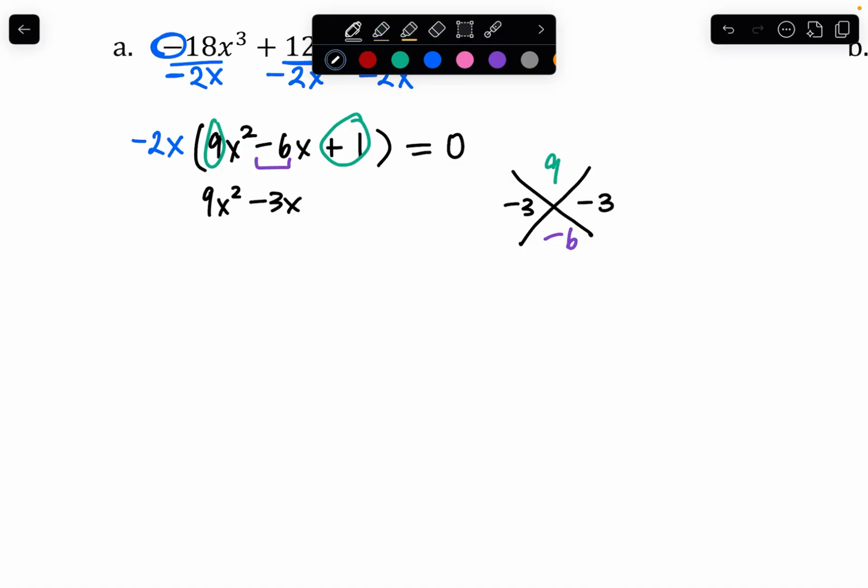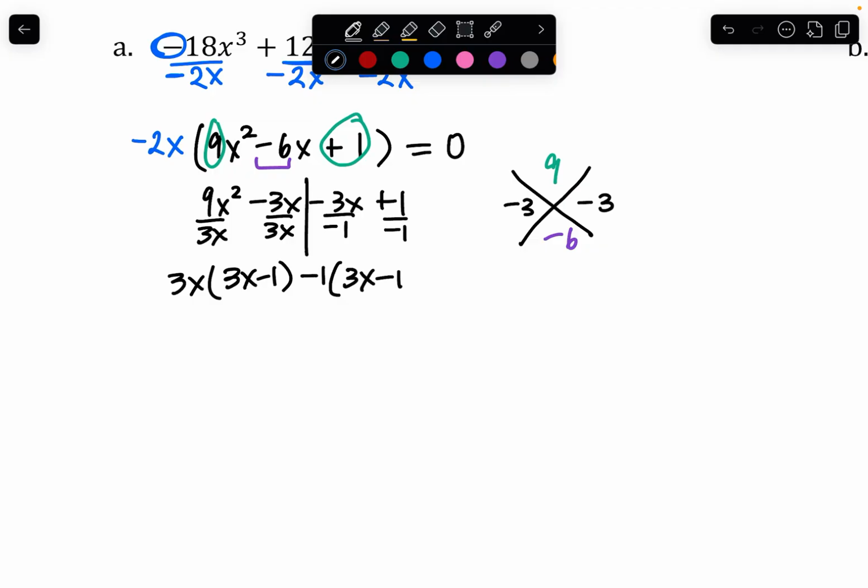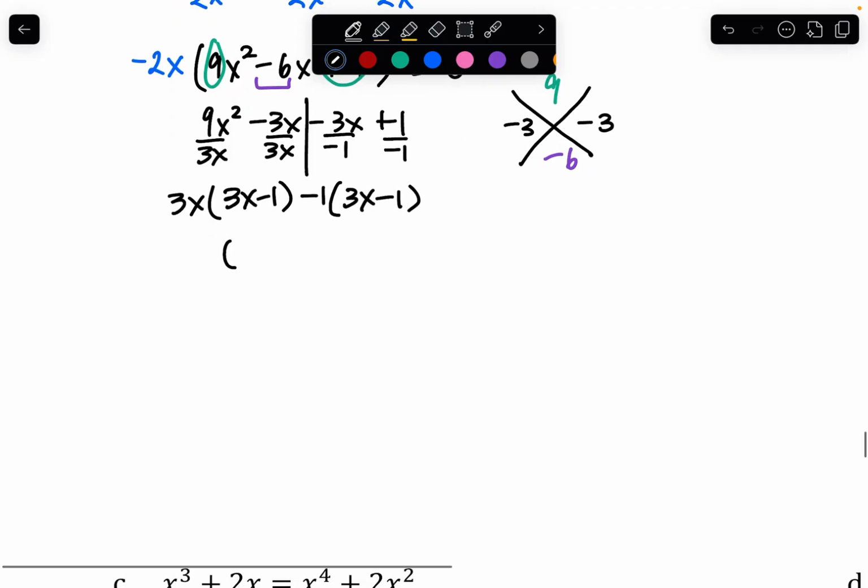Minus 3x. Minus 3x plus 1. I can divide 3x out of the first pair, leaving me with 3x minus 1. I can get negative 1 out of the second pair, leaving me with 3x minus 1. And so one of my factors is 3x minus 1, and the other is 3x minus 1.